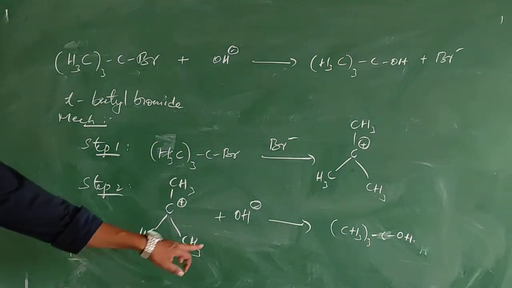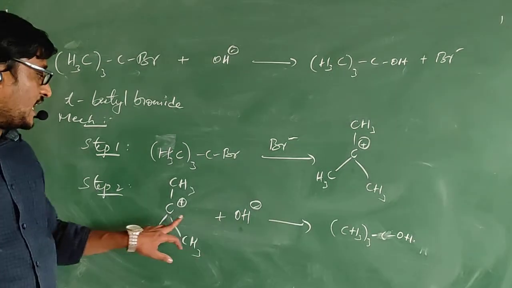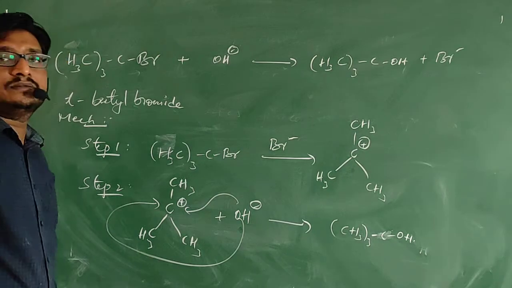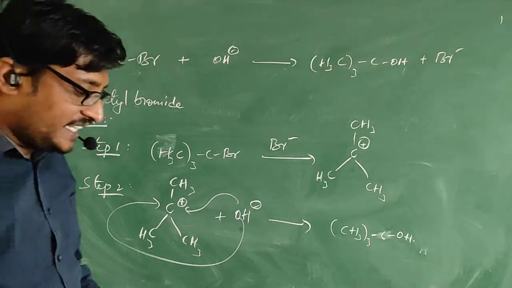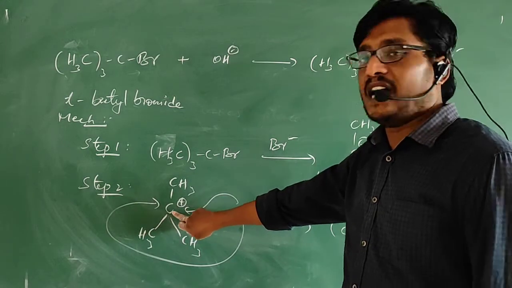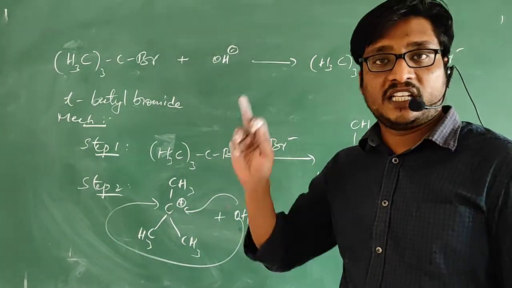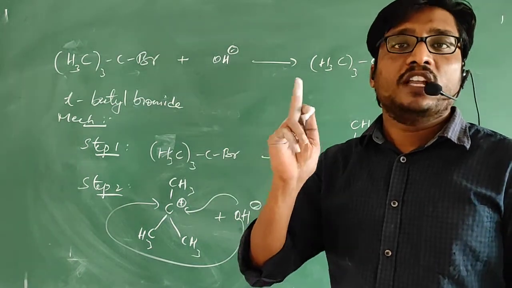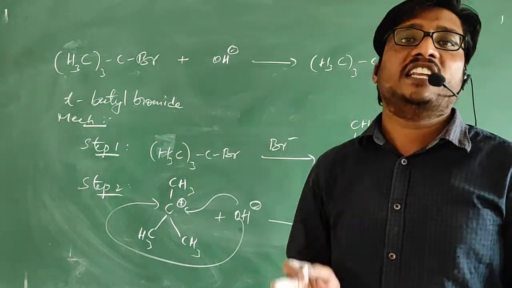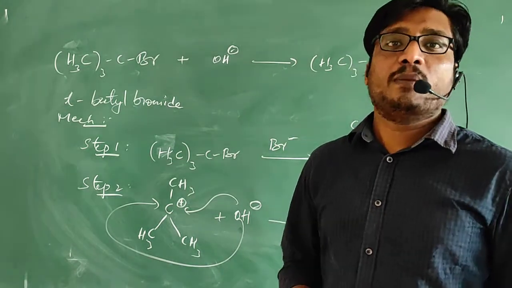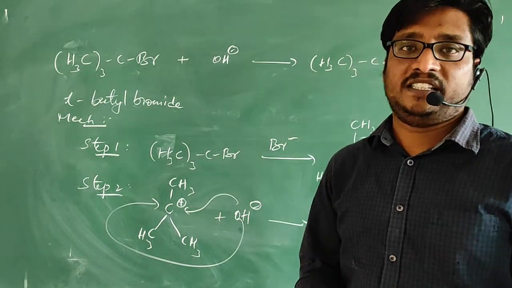Here, this nucleophile can attack this carbon either from the front side or from the back side. From any side, the nucleophile can attack this carbon having the positive charge. But in case of SN2, the nucleophile will attack the carbon only from the back side. I have already said the reason why the nucleophile attacks only from the back side, not from the front side.